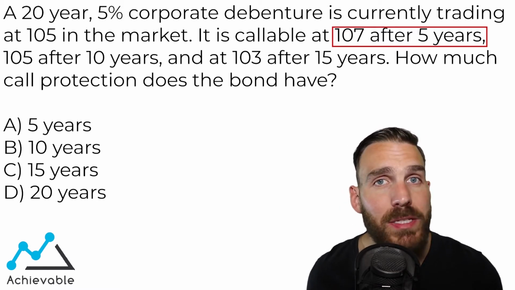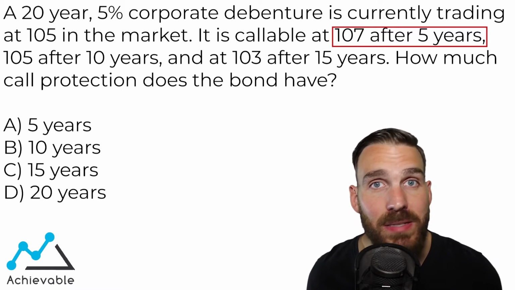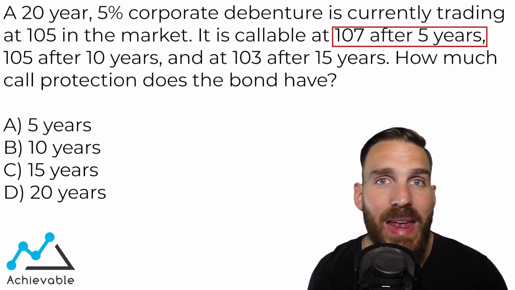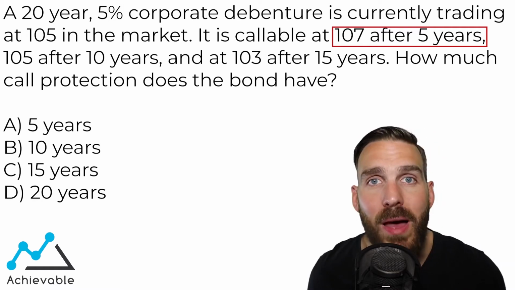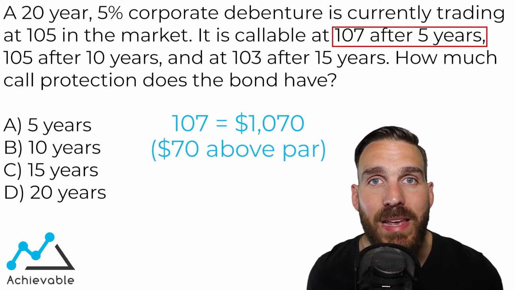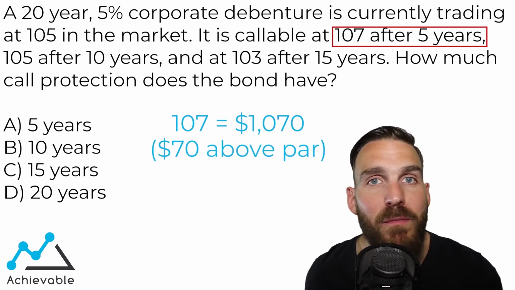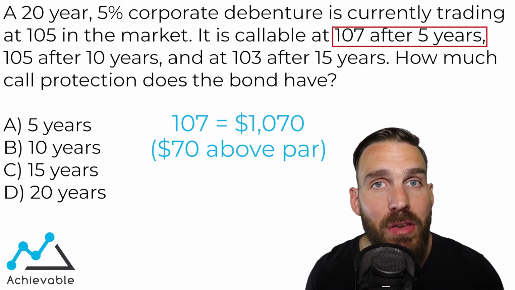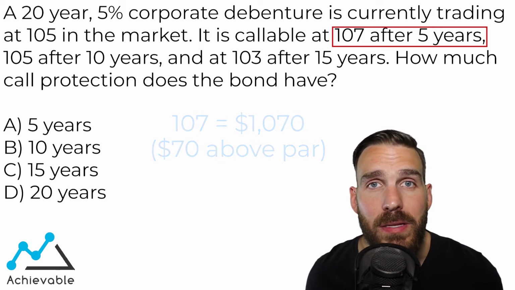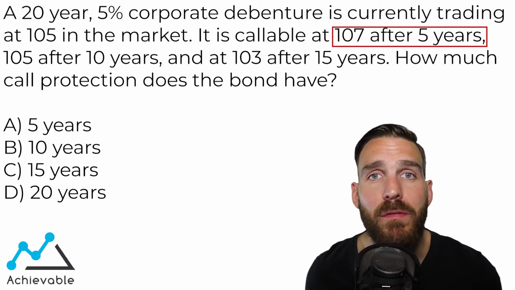If the issuer wants to call the bond in 5 years, it's not going to be cheap for them to do that. They have to pay you your $1,000 back, any interest they owe you up to that point, plus an additional $70, and that $70 is what we refer to as a call premium. Any amount above par that the issuer must pay back to you to call the bond is the call premium. Regardless, the call premium is just not important for this question.